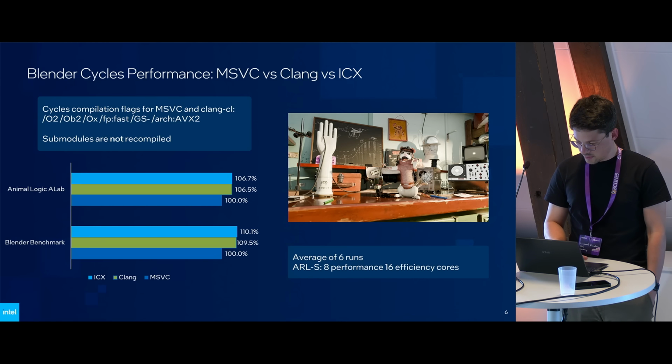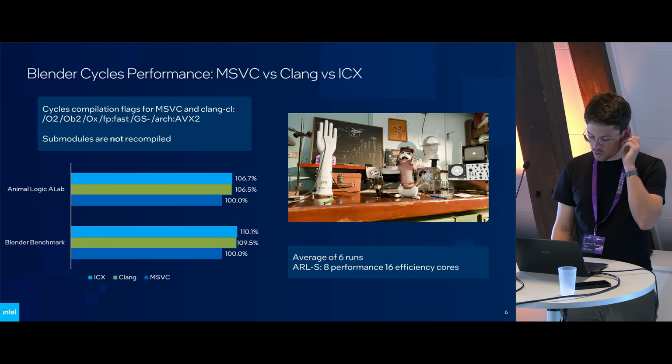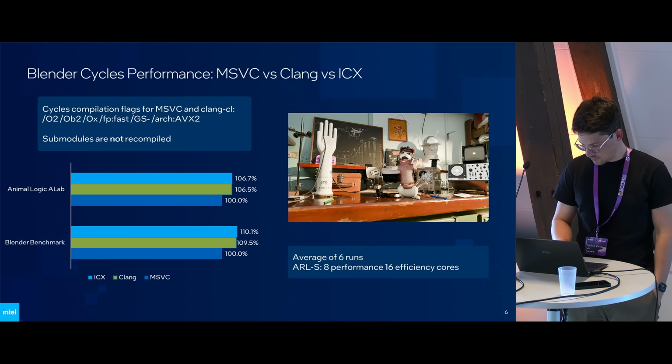I also added this Animal Logic ALab scene here as an example for a movie production scene. For this scene, the speed up is a bit less. It's around 6.5% for Clang and 6.7% for ICX.